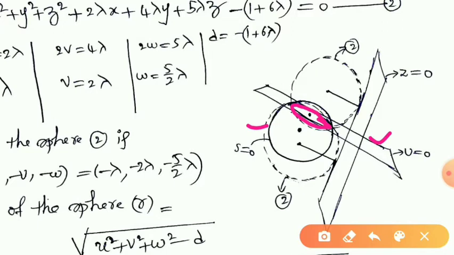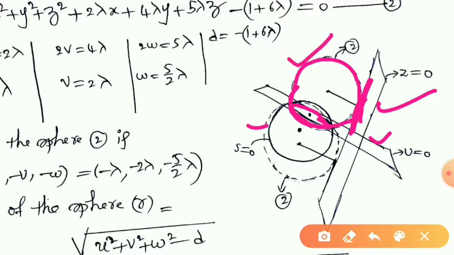And this is the plane z is equal to 0. In this problem, what do we have to do? We have to find the sphere passing through this circle and touching this plane.